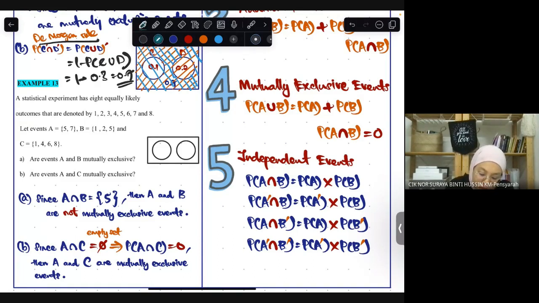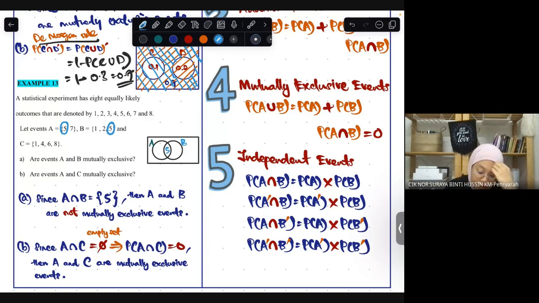So you let this A and you let this B. So group A ada apa ya tadi? 5 dan 7 ya. And then group B ada 1, 2, 5. Kalau 1, 2, 5 bermaksud this circle A is intersect with B sebabkan dia ada nilai 5 yang sama.